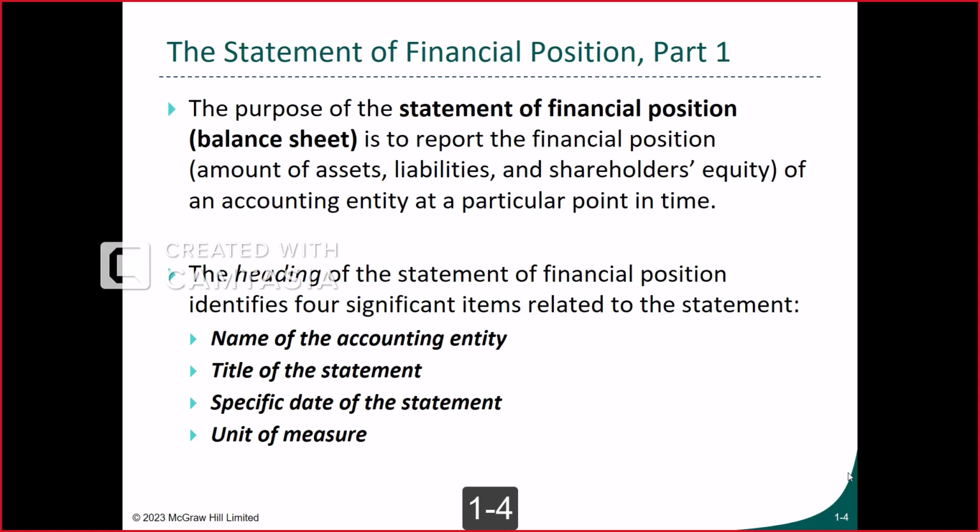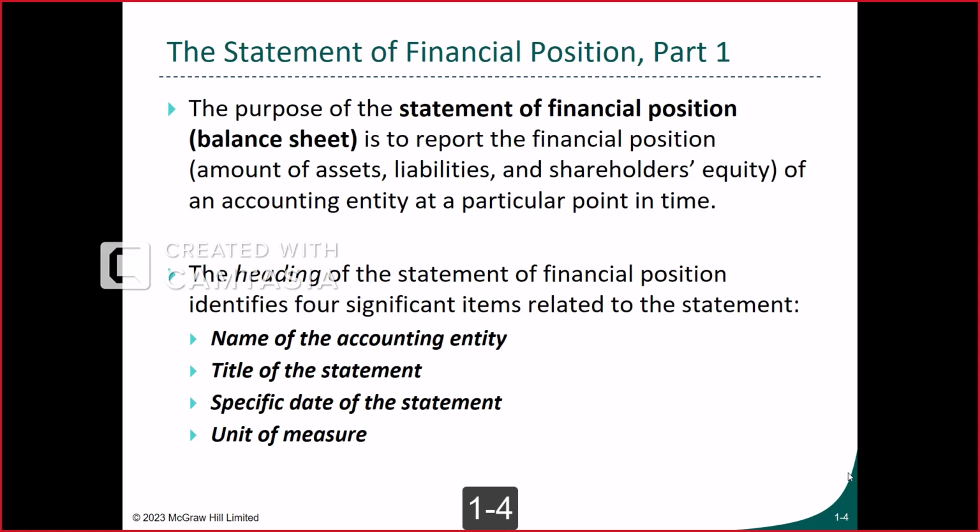Liability means debt, the list of debt that was used to finance those resources, and shareholders' equity is the internal contribution provided by the owners of the company. The owners means the shareholders. That's why we call it the shareholders' equity.